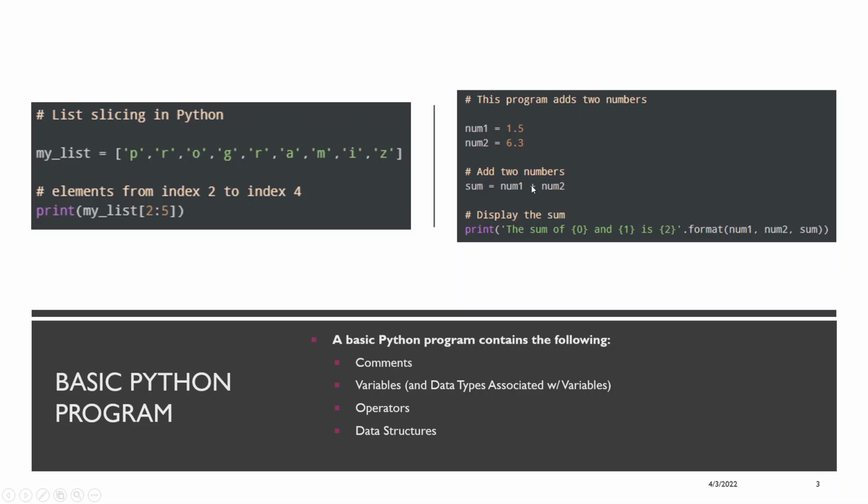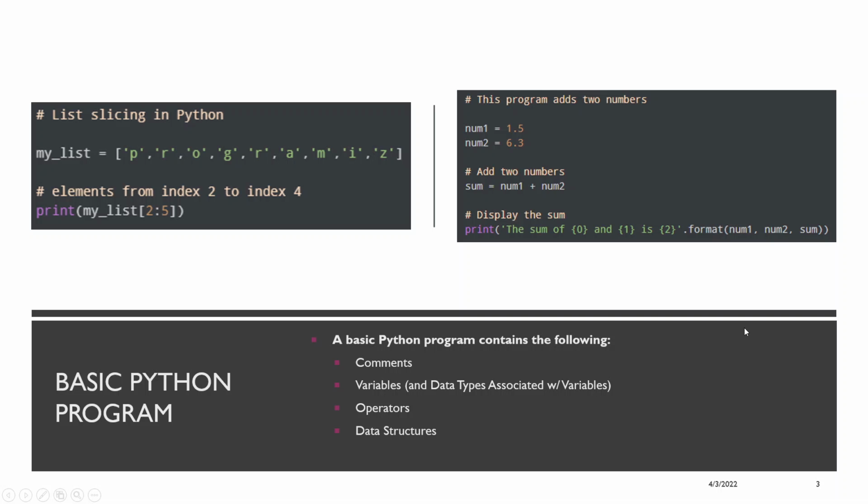In this case, we're using a plus sign to add two numbers, and then we take the output of number 1 plus number 2, and we take the result of that and add it into the sum. And so here's some fancy formatting that's done to make that look nice. The sum of 0 and 1 is, so this is string assignments that line up num1, num2, and the sum into a format and pass it into the string. So that's all that's doing here, but we'll learn more about that.